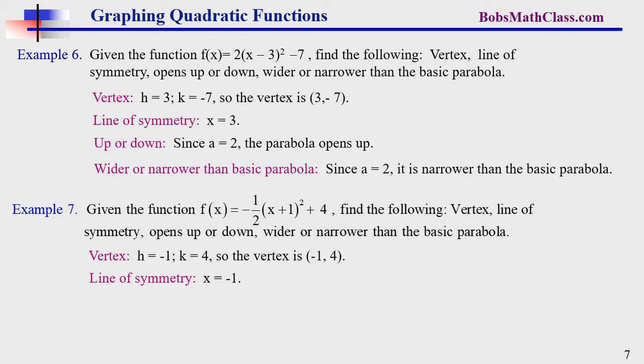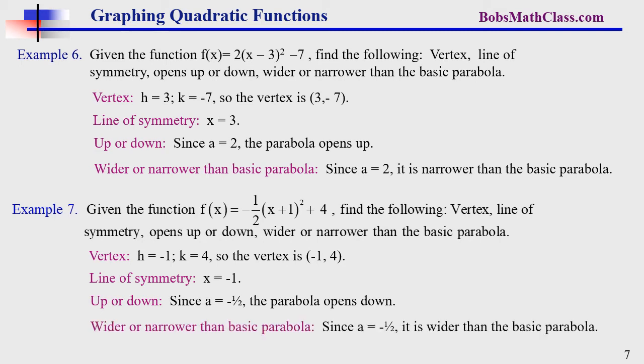Opens up or down, our a is negative, so it opens down. And wider or narrower, it's a fraction, it's less than 1. So when we say absolute value less than 1, that means it's between -1 and 1. So this one is wider. If you get kind of confused, I wouldn't worry too much. Remember, once you pick the points, you graph it, and you'll see what it looks like.